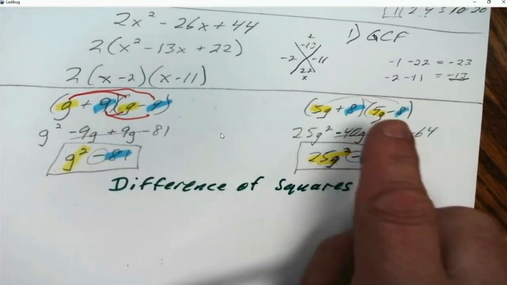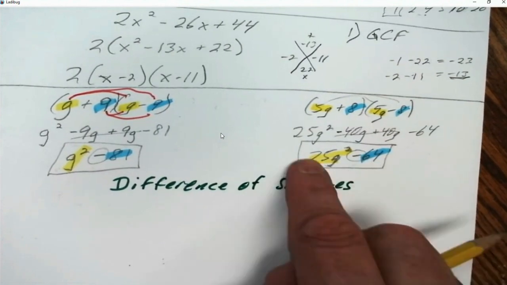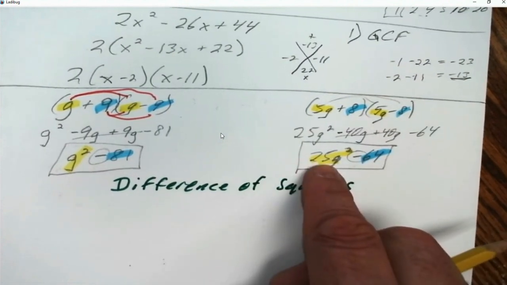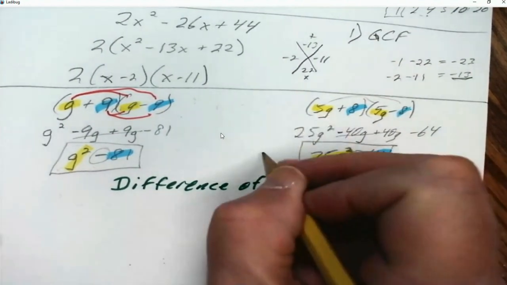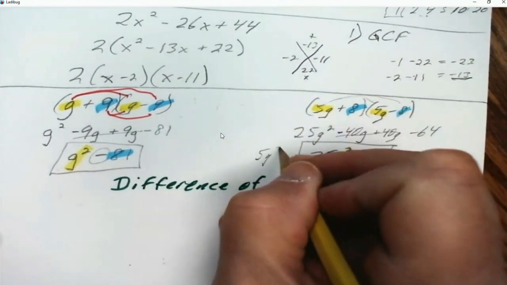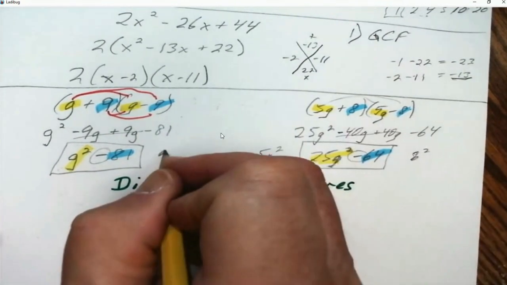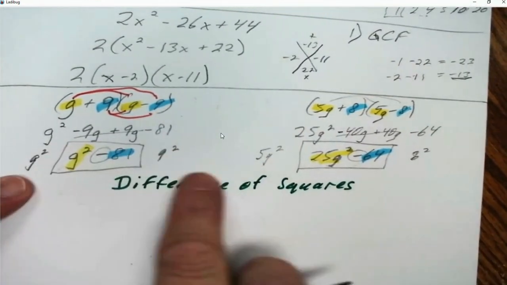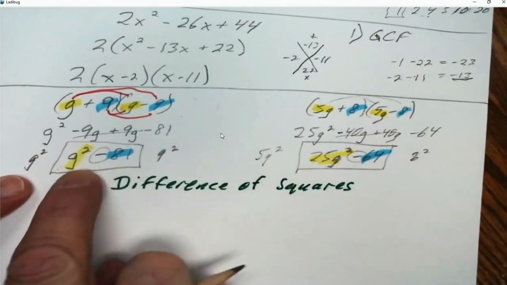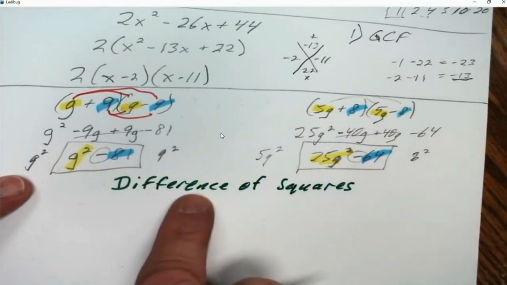So if you square something, you get its square. These are squares. This is a square because it's 5g squared, right? 5g squared. This is 8 squared. This is 9 squared. This is g squared. Every one of these is a square. And what does difference mean?